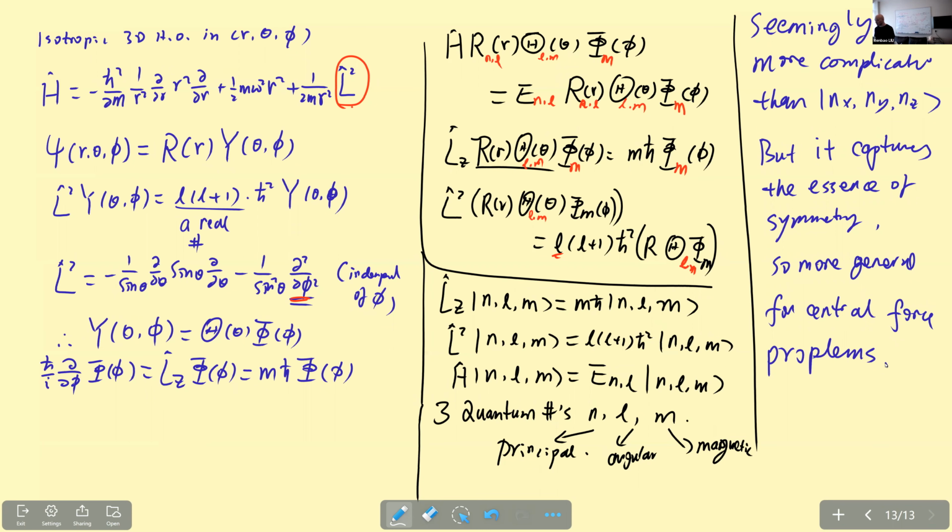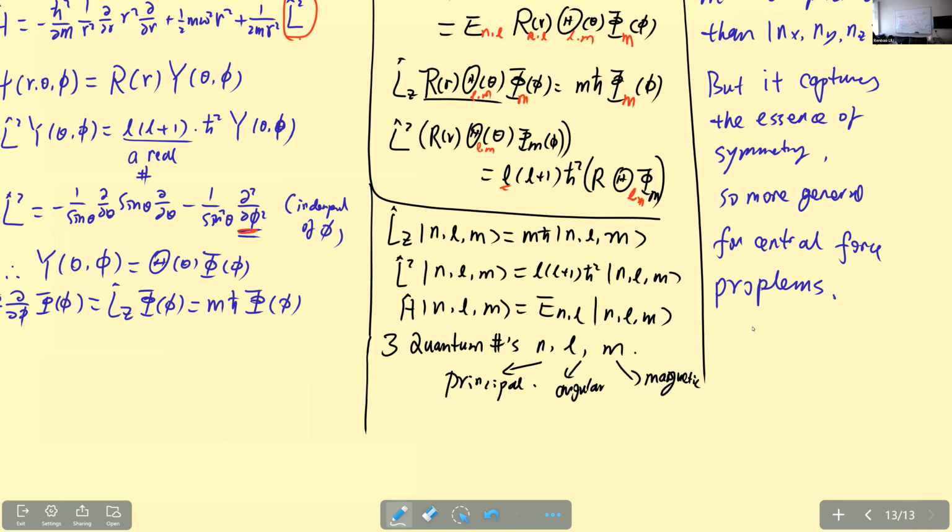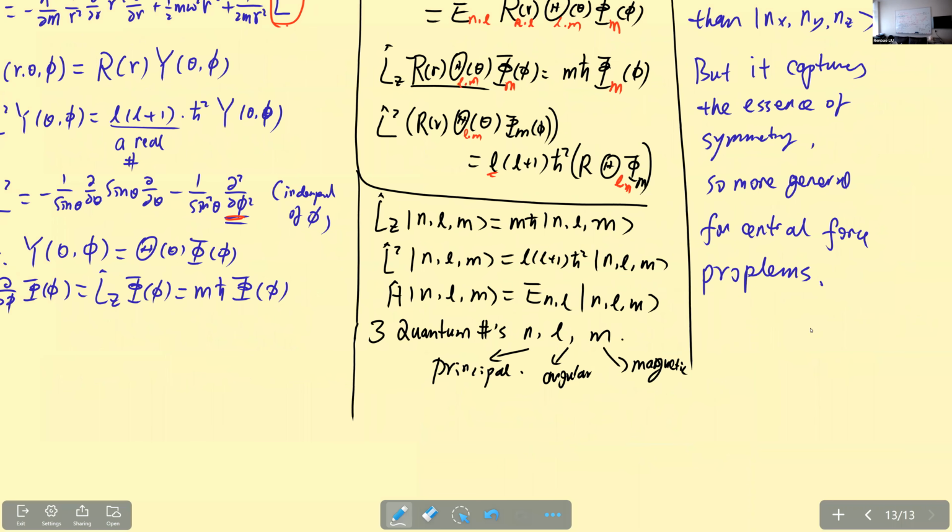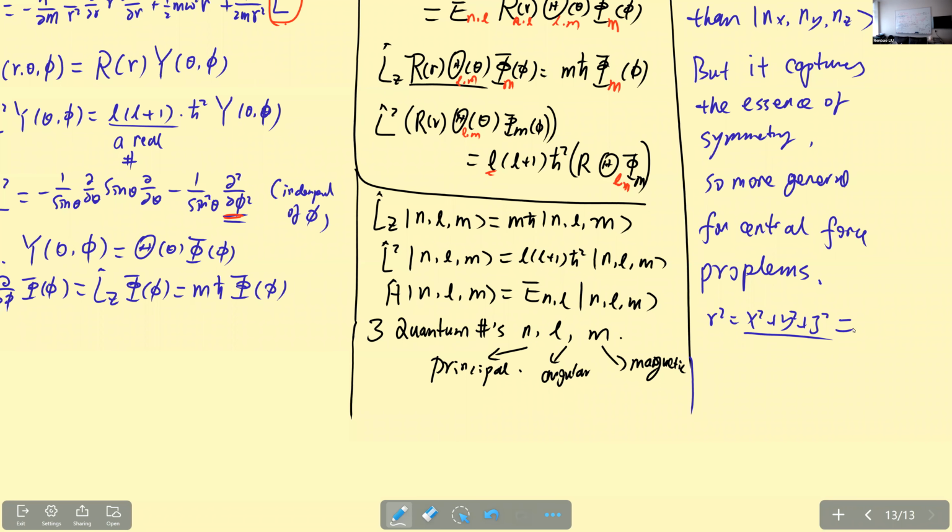You can consider the central force problem, for example, where r squared equals x squared plus y squared plus z squared. That's very simple, so this one can be easily transferred back to n_x, n_y, and n_z. But what about 1 over r, that is, 1 over the square root of x squared plus y squared plus z squared?